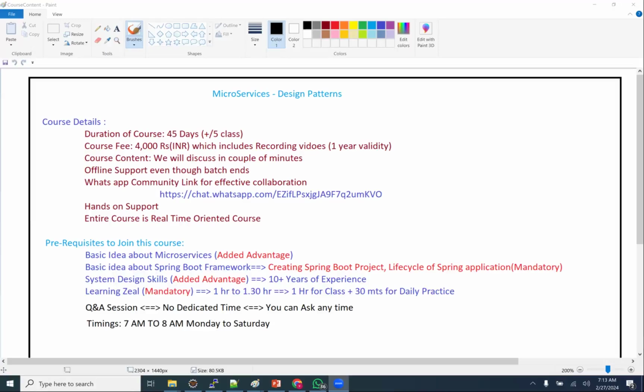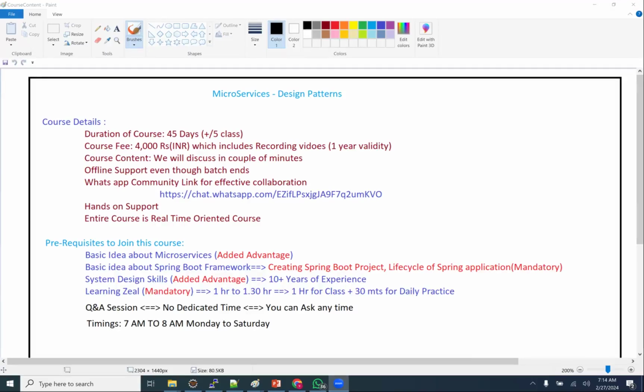That is what this course will help you with. So this is a very important course, the microservices design patterns. This is a high-level introduction to the importance of this course.